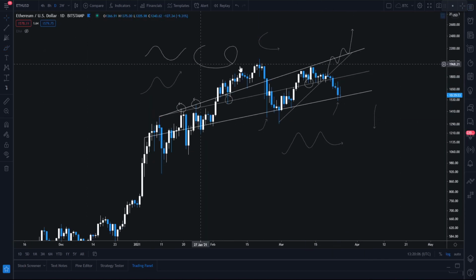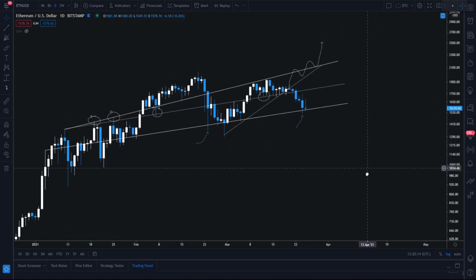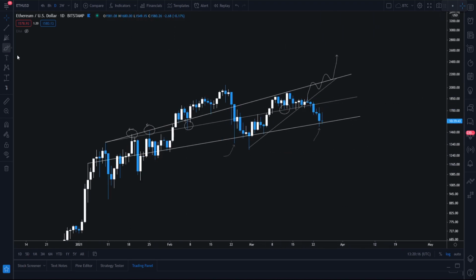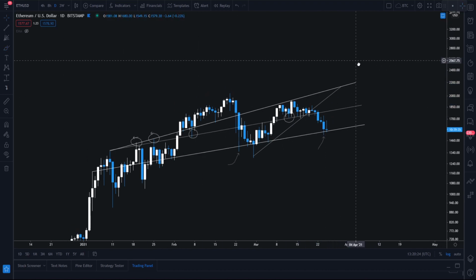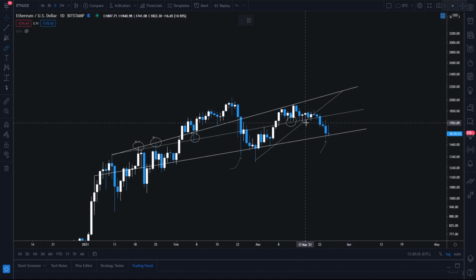This Ethereum chart I posted yesterday, and it does look pretty interesting. So this is what we were looking at last Monday, I believe, or a few days ago. We wanted to see this expansion and breakout, which was rejected.